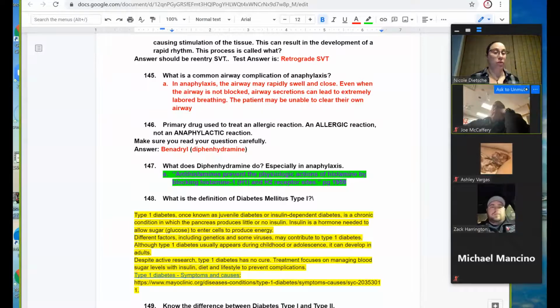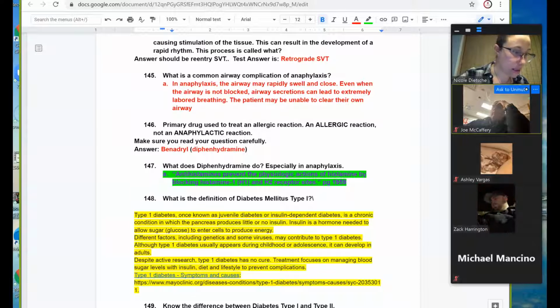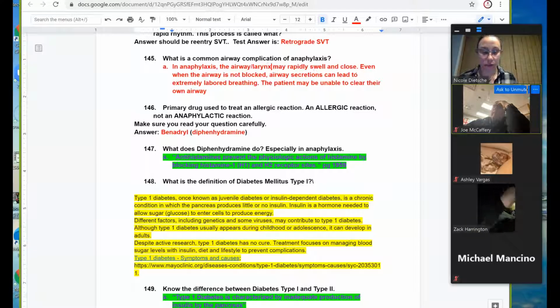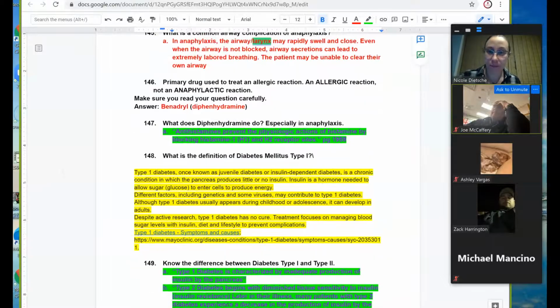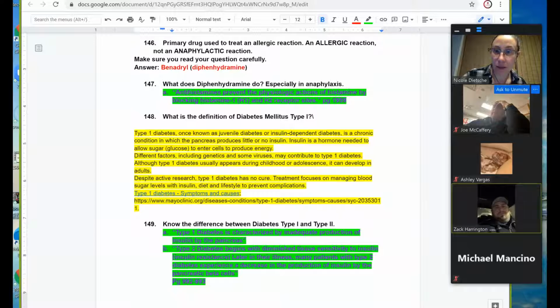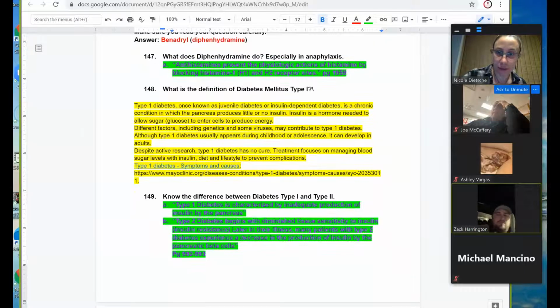Hold on, I've lost my spot in the flipping of papers. Okay, I found my spot. 146 is spot on. 145, good. I'm just going to add a keyword for you. 147, spot on.